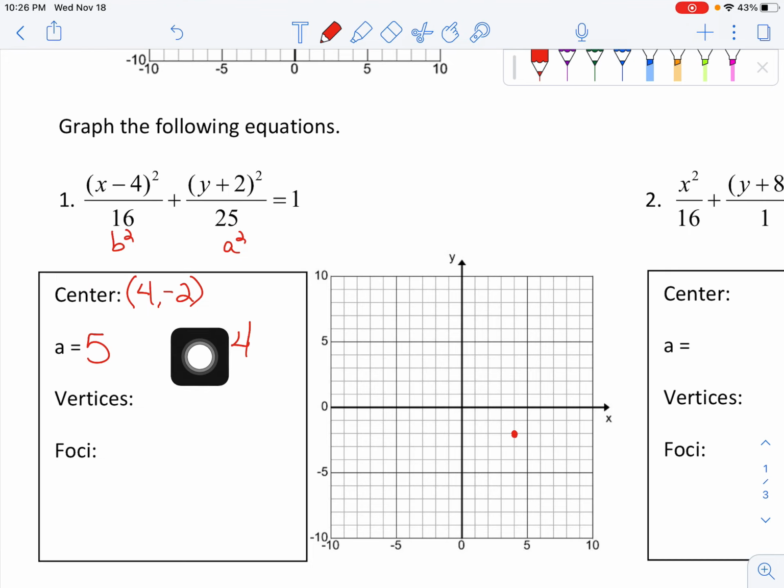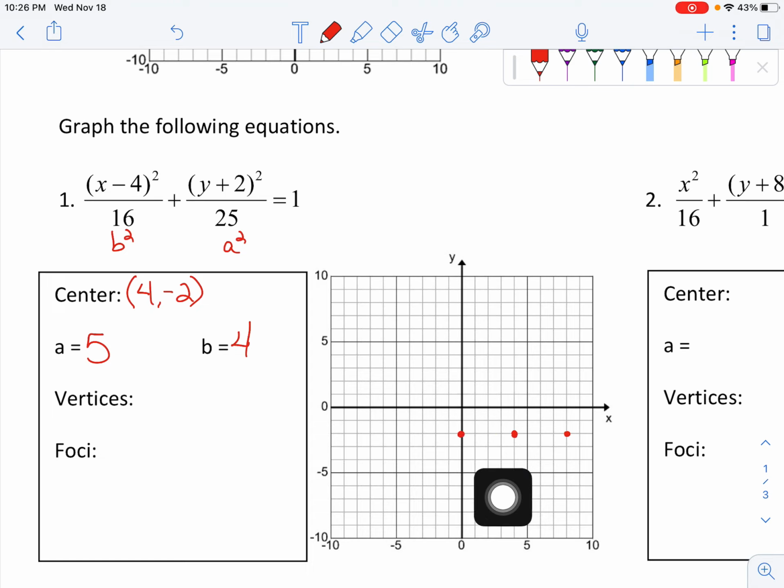Now, 16 is underneath x. My B value is 4, which means along the x-axis, or along the horizontal axis here, I'm going to count 4 to the right and 4 to the left. So 1, 2, 3, 4. 1, 2, 3, 4. Now, underneath y, I had 25, which turns into an A value of 5.